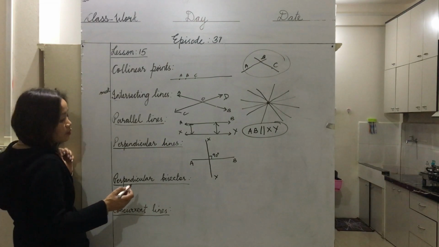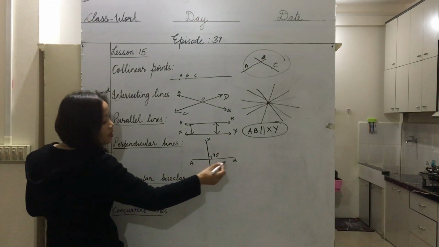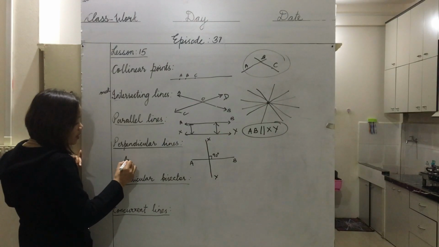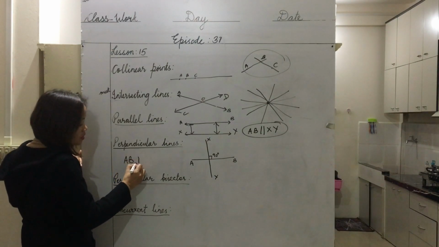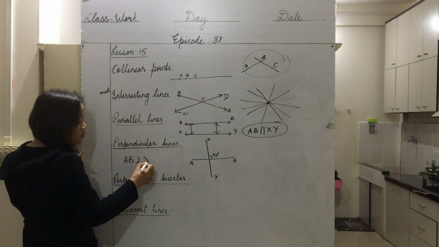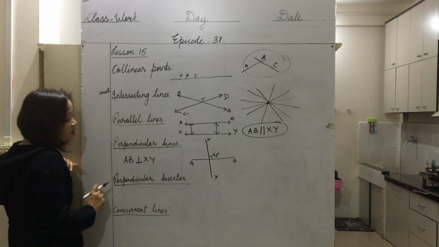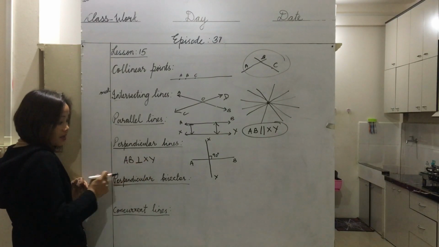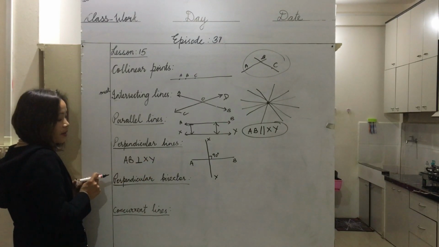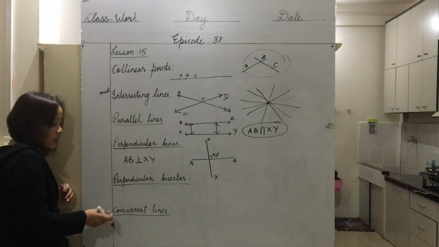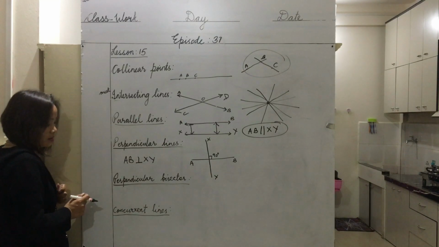So the symbol for perpendicular lines, AB is perpendicular to XY, we will write AB perpendicular to XY. That means line AB and line XY intersect each other and make 90-degree at their point of intersection, right? Next we have perpendicular bisector.